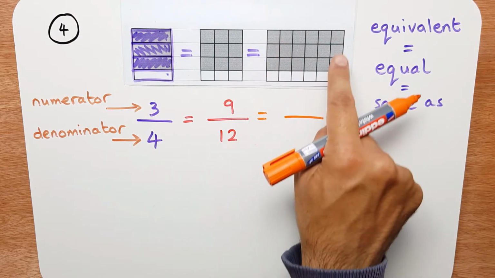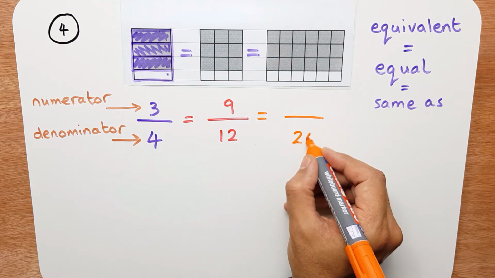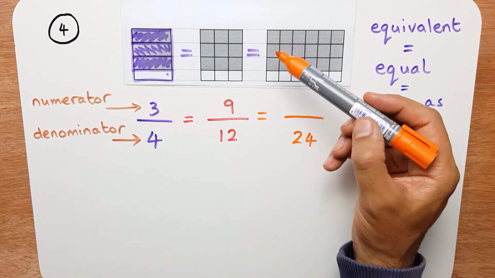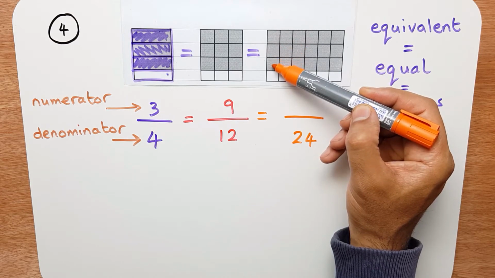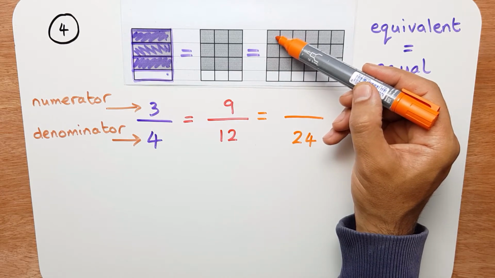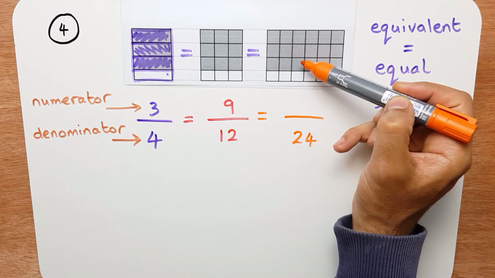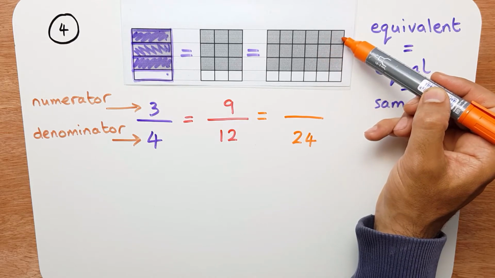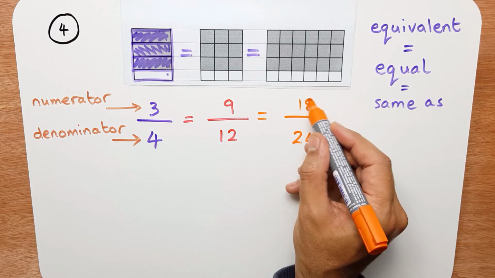And there's 24 equal pieces, so the 24 goes at the bottom. Now we can count how many pieces are shaded. So 1, 2, 3. So I can now do my 3 times table. 3, 6, 9, 12, 15, and 18. So 18 can go at the top.